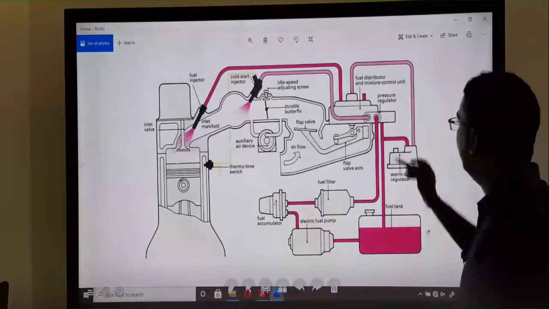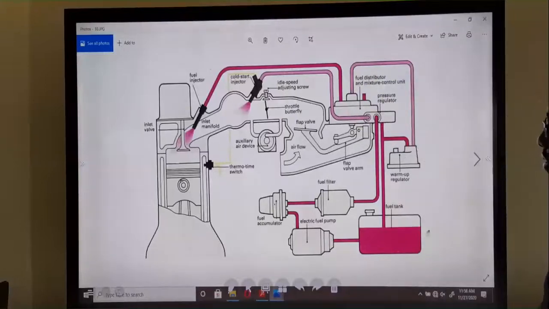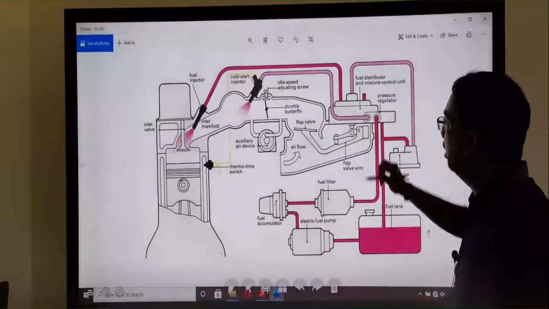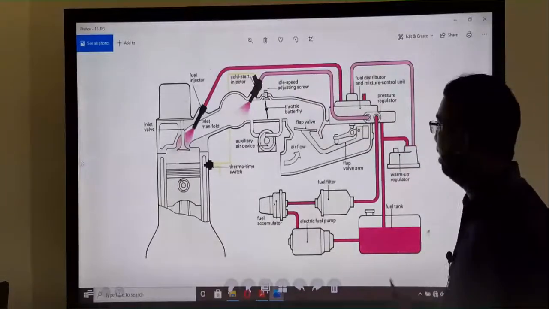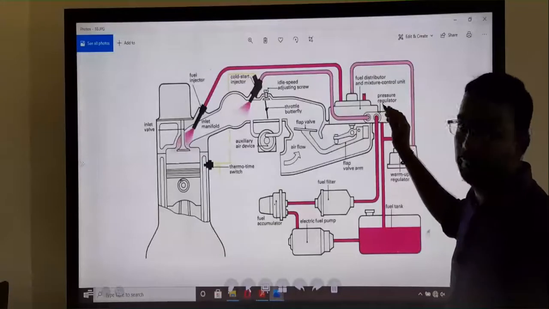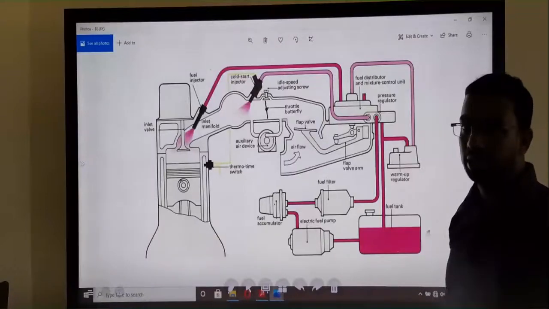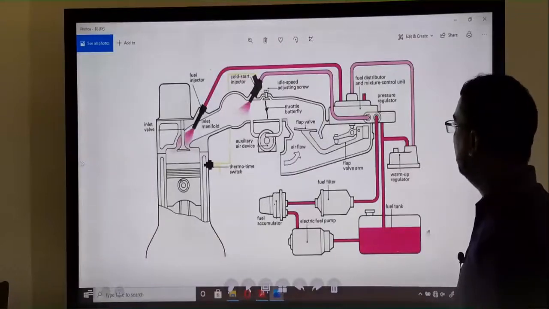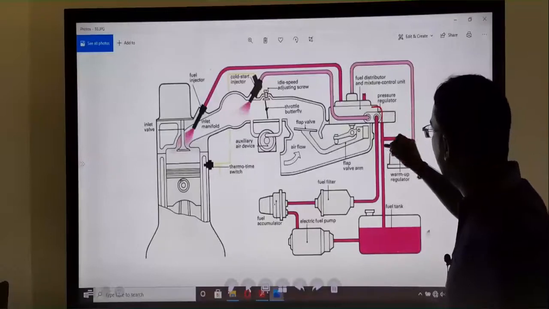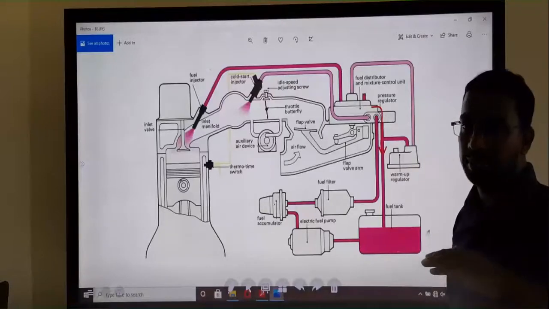So there is a pressure regulator inside of this, because when the pressure is high and the line is completely closed, with no opening, sometimes this fuel distributor may be damaged. So at that time this pressure regulator controls the pressure, and the remaining fuel is sent to this return line, which decreases the pressure level.